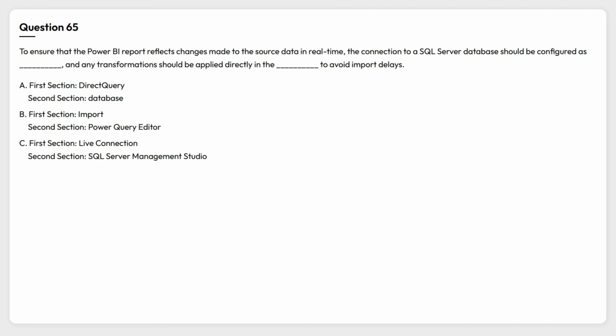Option A. First section, DirectQuery. Second section, database. Option B. First section, import. Second section, Power Query Editor. Option C. First section, live connection. Second section, SQL Server Management Studio.